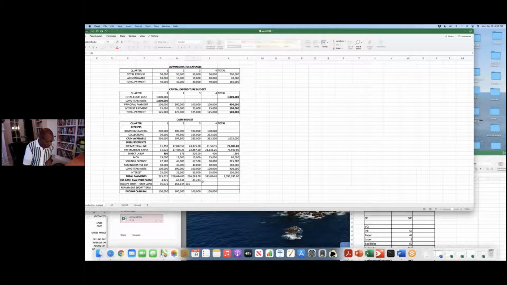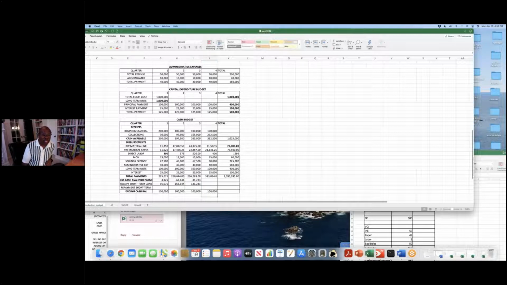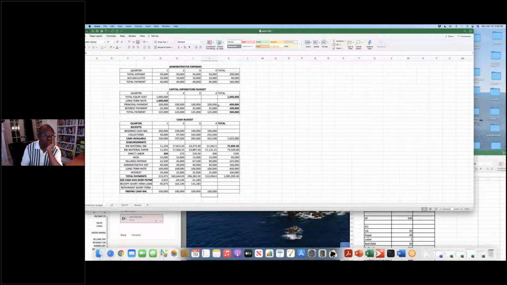I didn't mean to say negative. That gets us back to 100,000. We have 100,000 again in the beginning cash balance. We collect 233,325. Our payments are 313,094, so we have a little bit extra. How much extra do we have? 19,406.